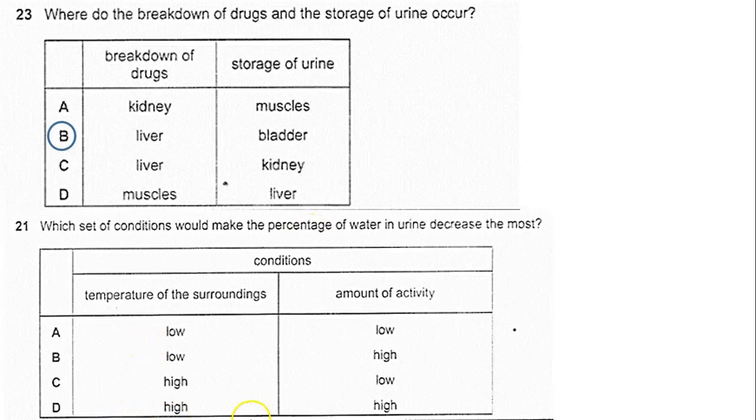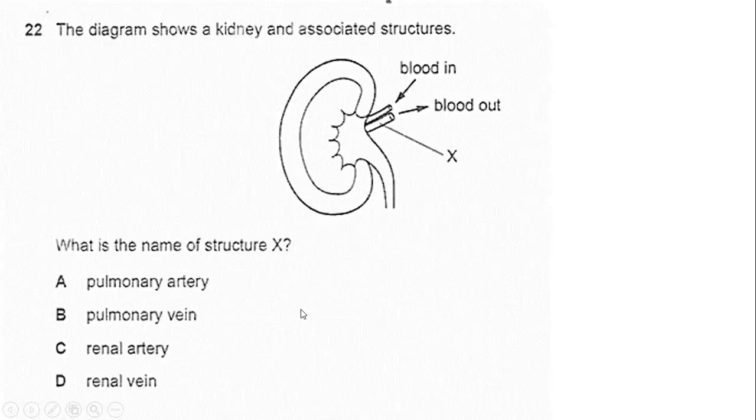So we're looking at one of those two answers. Amount of activity. When you do a lot of activity, also you will sweat more, right? Because with activity, there is more sweating, so the volume of water in the urine will decrease. So the answer here is D.